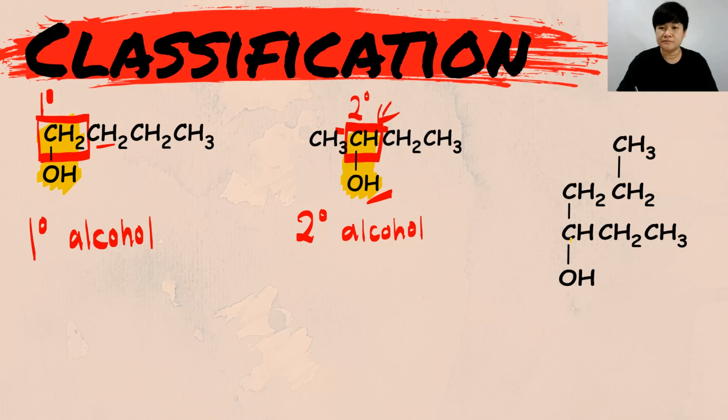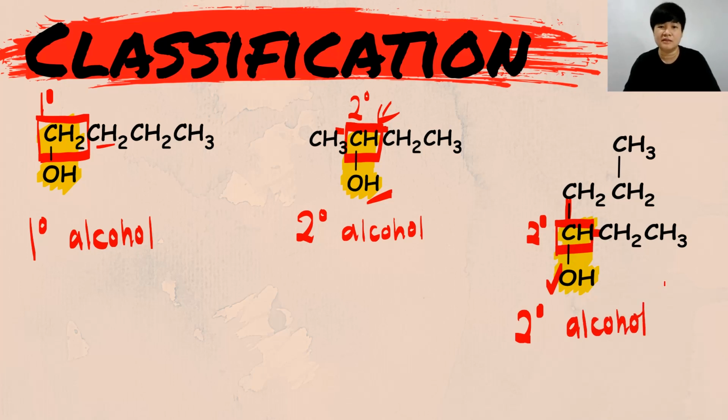Another example. Again, we look for the carbon holding the OH group only. This is the carbon holding the OH group, and we only look at this carbon and classify it. One carbon, two carbon. So this is a secondary carbon. Automatically, secondary alcohol.